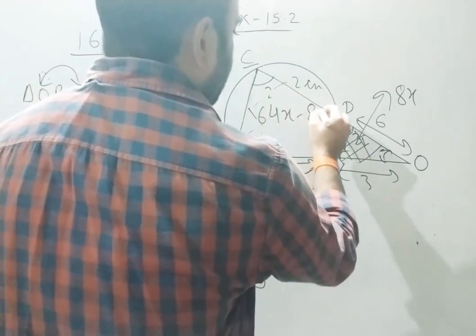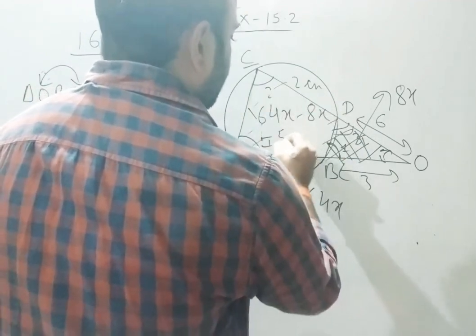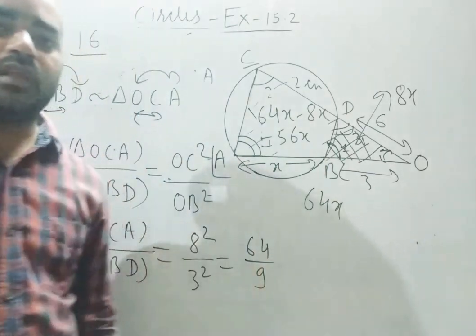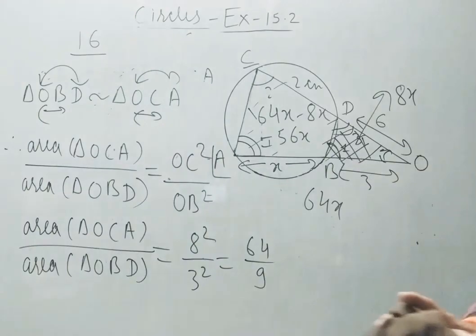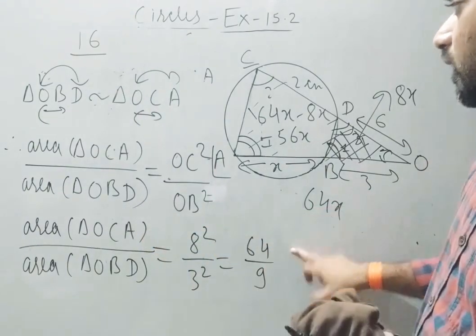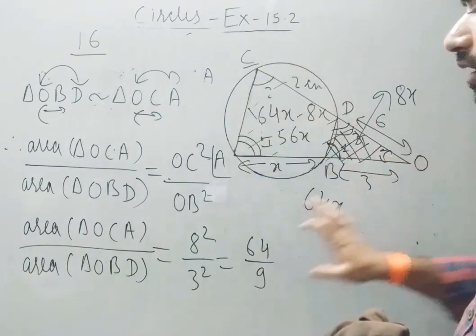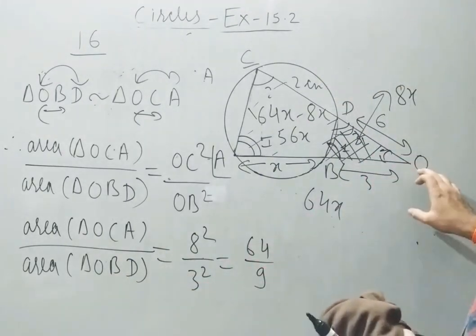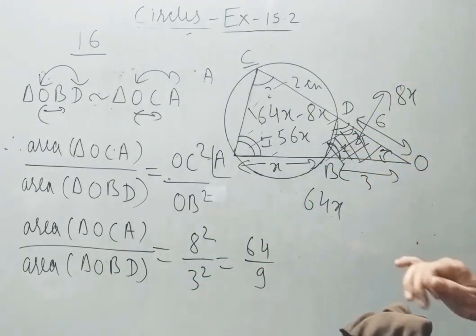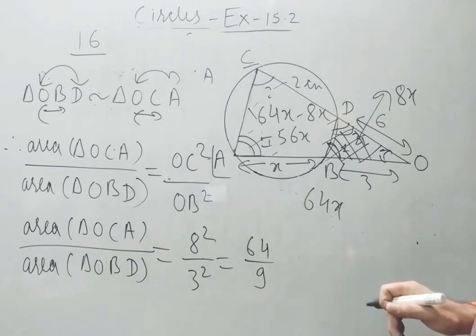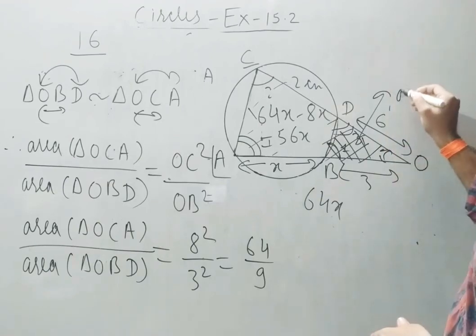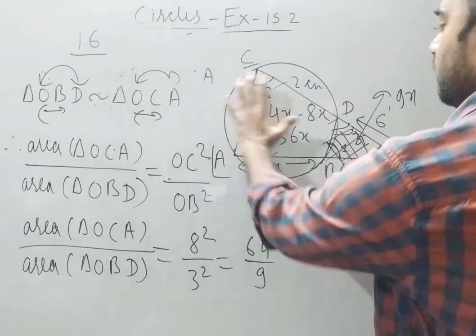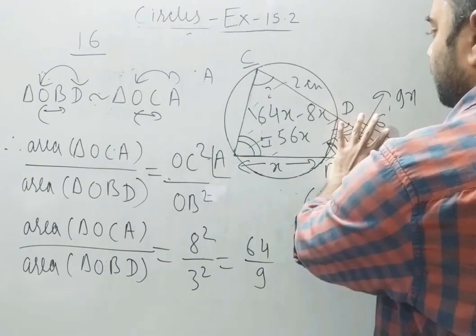We can take 64x for bigger triangle OCA, then for the smaller triangle OBD, we can take what? 9x. Correct? We can take not 64 and 9 but 64x and 9x. This is 9x, smaller one. So bigger one is 64x. The smaller one is 9x.